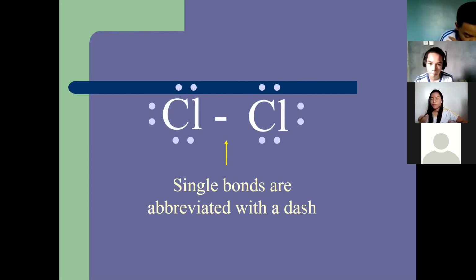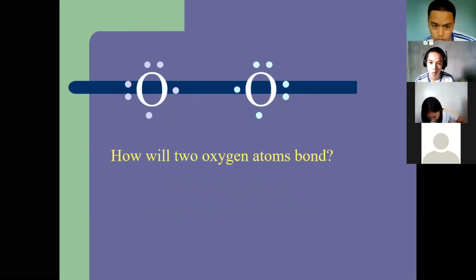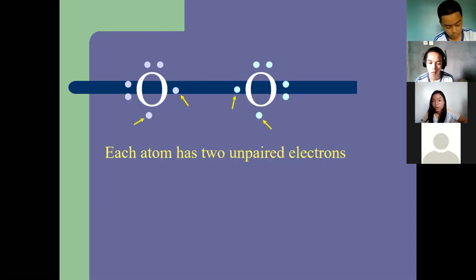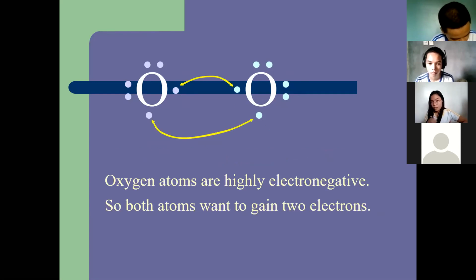Let's now showcase a double bond. Okay, na siya. Oxygen. Oxygen contains 6 valence electrons. So to achieve its stability at the octet rule to have 8 valence electrons, it must contain 2 more electrons. But since the other pair is also an oxygen with 2 more electrons needed to achieve the octet rule, they decided that they will share their lone pairs.